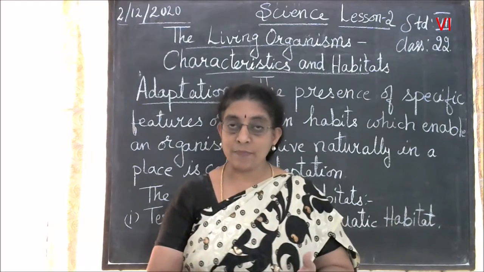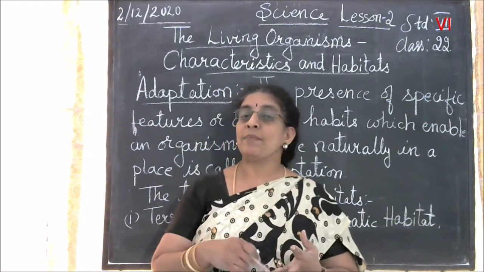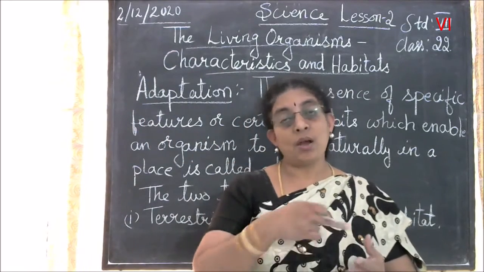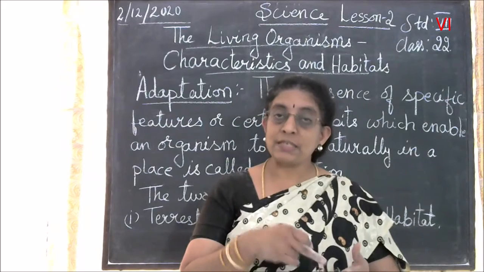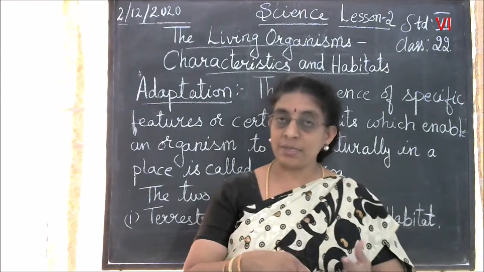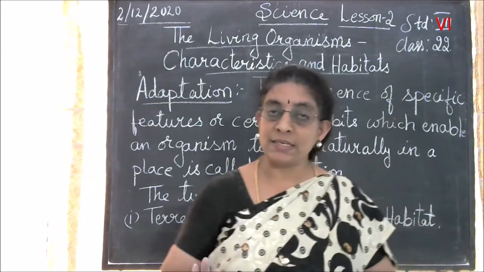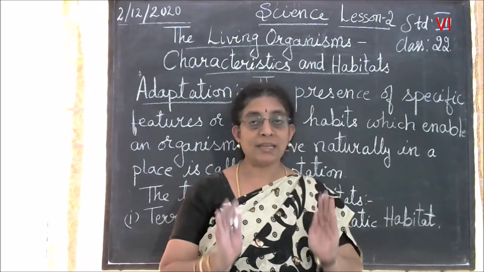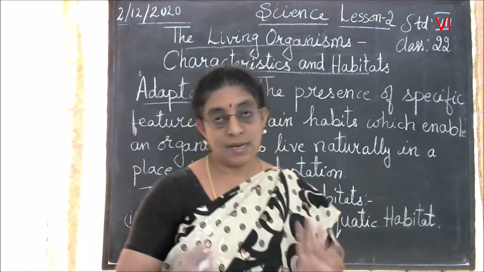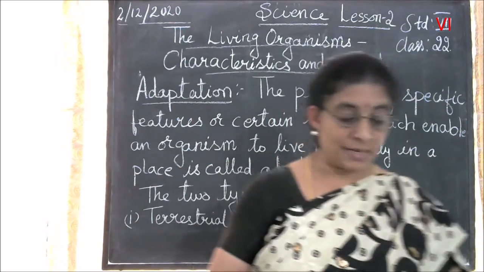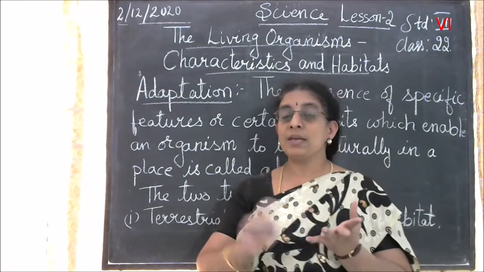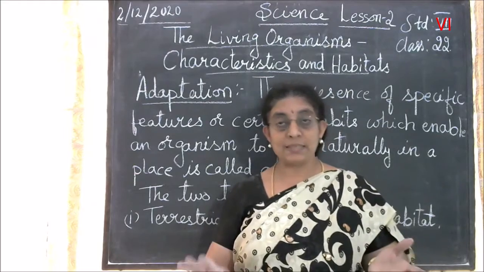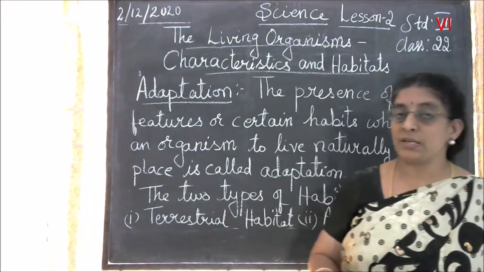It can be in the form of deserts, forests, mountains, land, trees, all these come under terrestrial habitat. It includes even the grasslands and the fields, all these come under the terrestrial habitat.